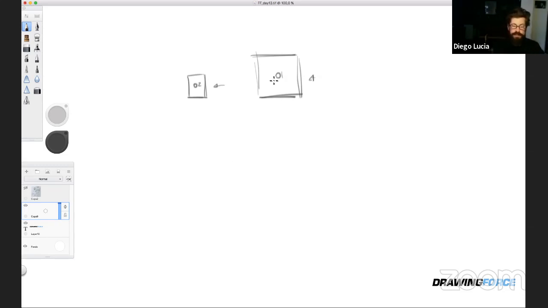But if object 1 is not equal to object 2, or we don't know what object it is, Mike talked about hands or feet that are the same size, then we can relate them. But if they're not, we have no idea which one is further and which one is closer. Because what we're drawing here could be just like this: this is object 2, and this could be object 1.